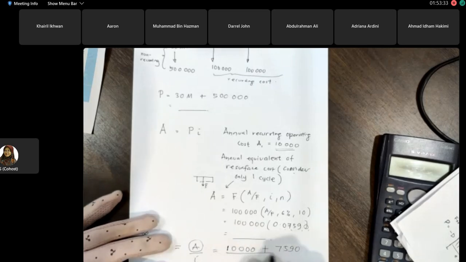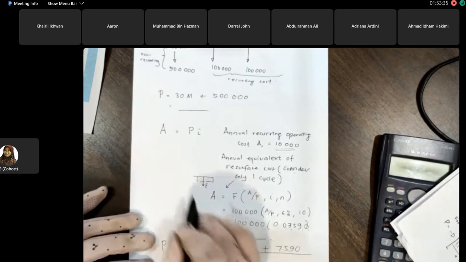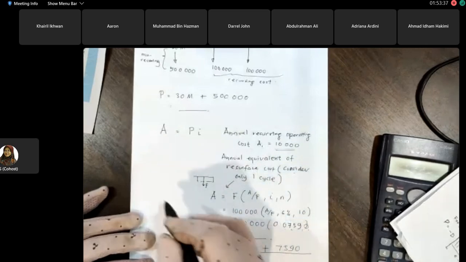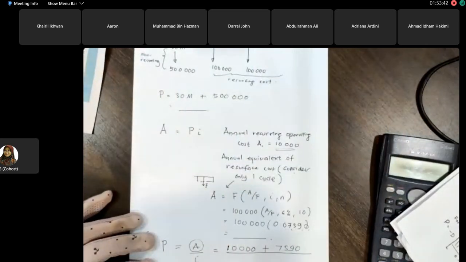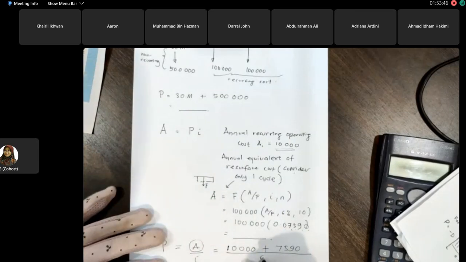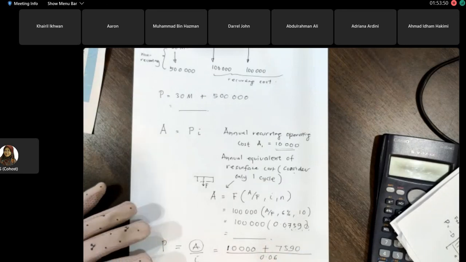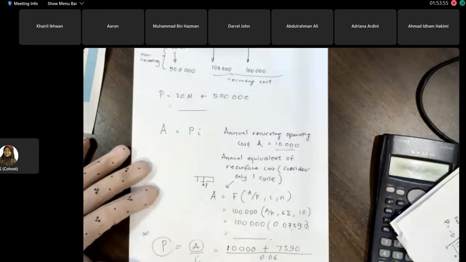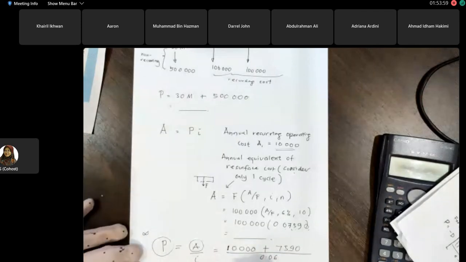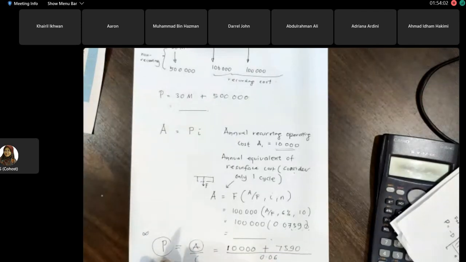So per i is what? i is 6%, that is 0.06. So you will get what? Calculate it. So you will get the P value here.